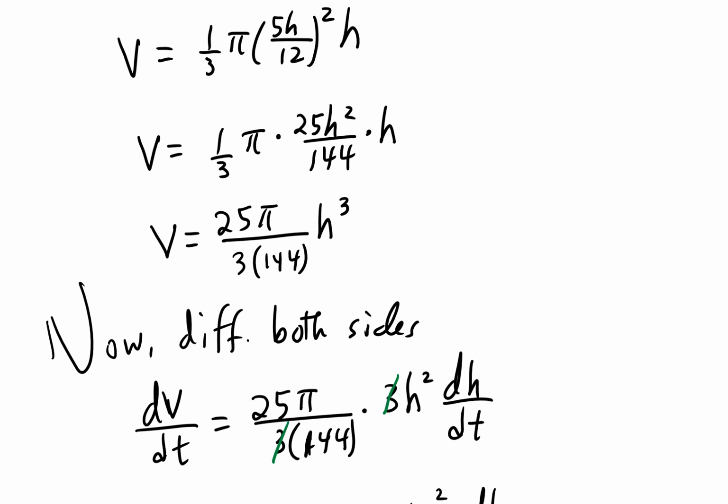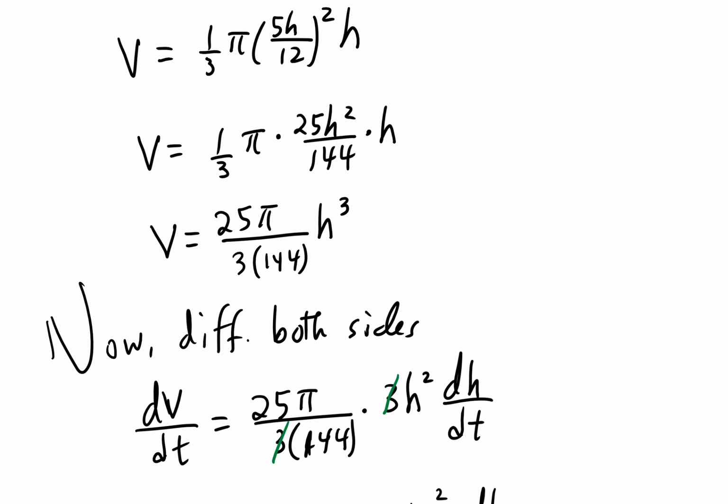We get dV/dt is 25 pi over 3 times 144, all of that constant, just keep it as is, times 3h squared dh/dt. Now the 3s cancel each other.